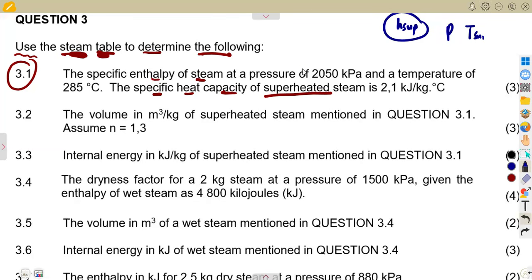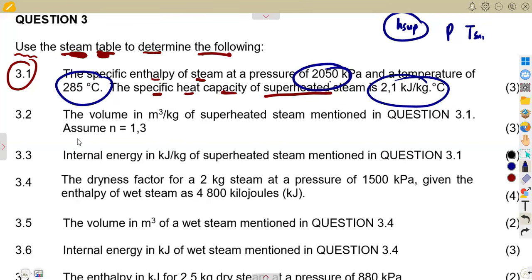But the moment they give us a pressure like this and a temperature like this, and they also give us the specific heat capacity of the superheated steam, it means the information that we have does not correspond there. We do not have exactly a pressure of 2050 and a temperature of 25 where they correspond directly in our superheated steam table. We do not have that.